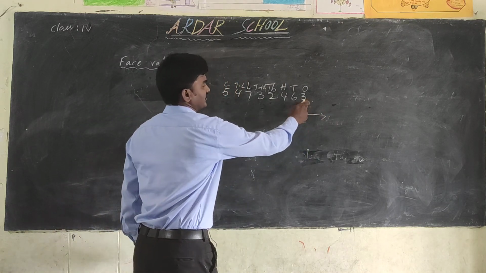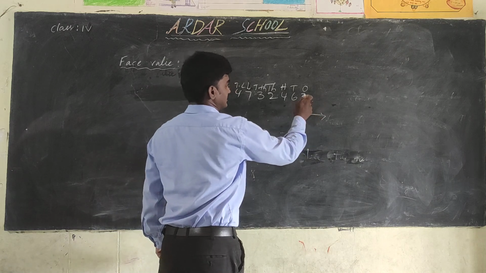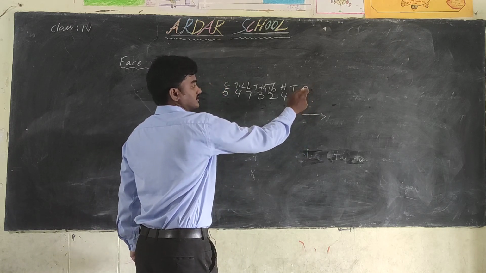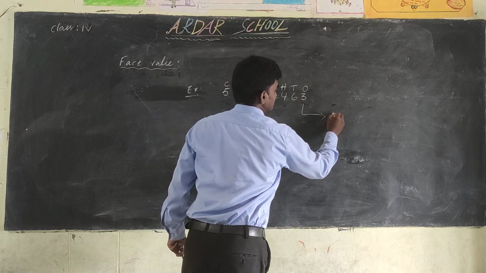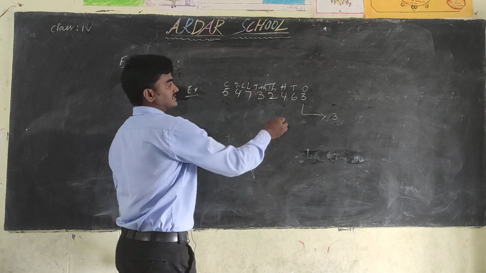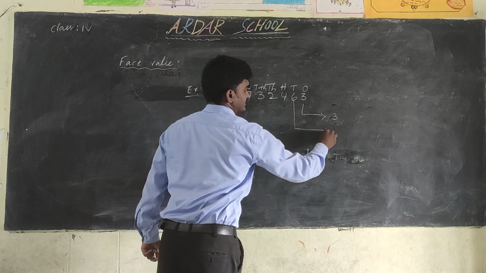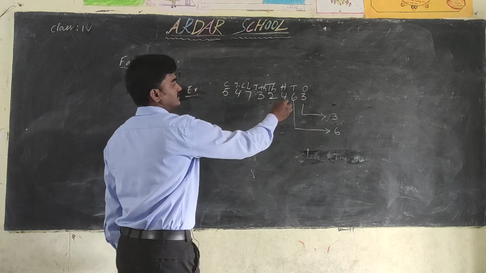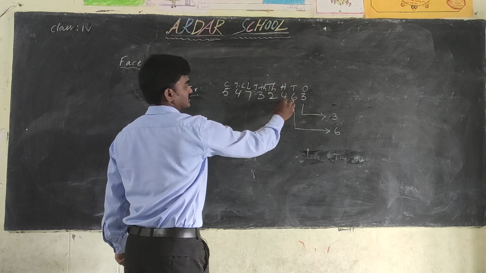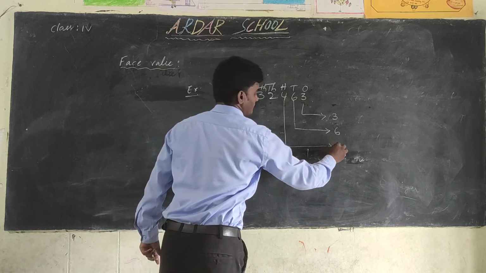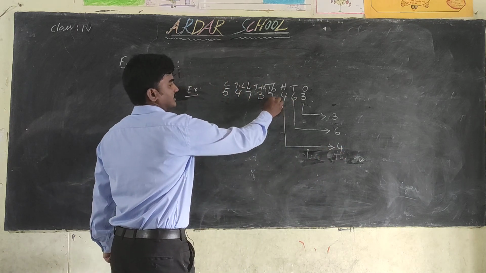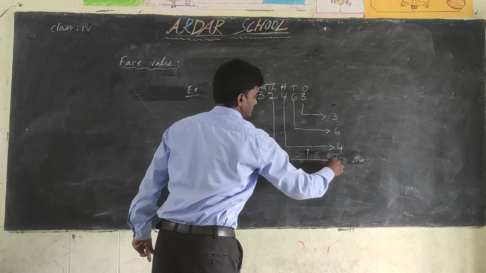3 is at ones place. The face value of 3 is 3. 6 is at tens place, and the face value of 6 is 6. 4 is in hundreds place. The face value of 4 is 4. 2 is at thousands place.